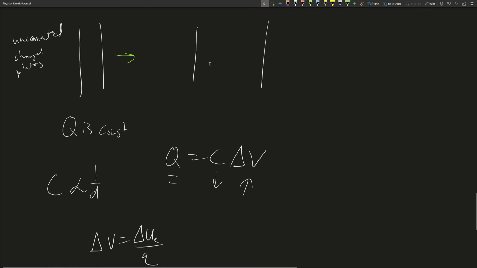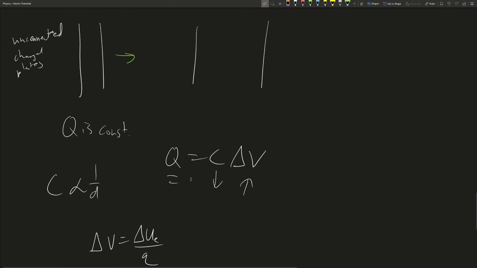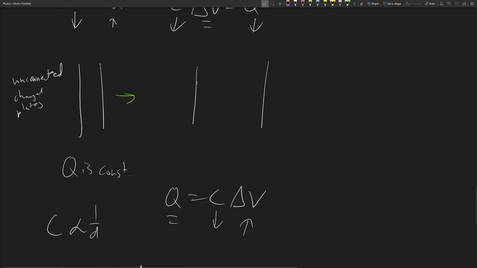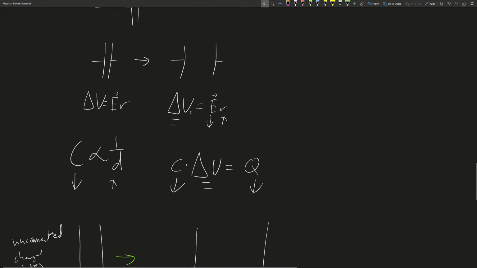And this also assumes that the field is uniform, and since the net charge doesn't change, the electric field strength also doesn't change. So in this case, the electric field strength is constant. If you have it connected to a battery, this field strength can decrease.